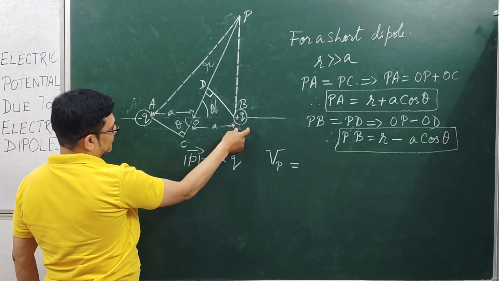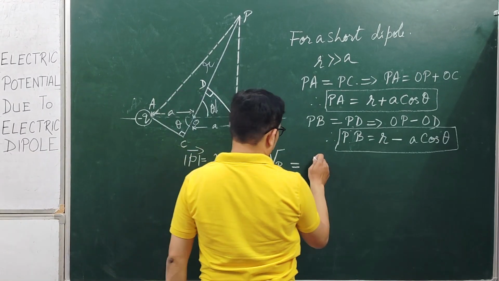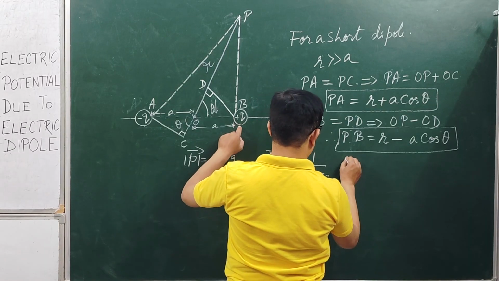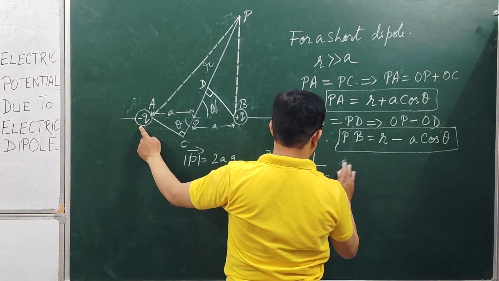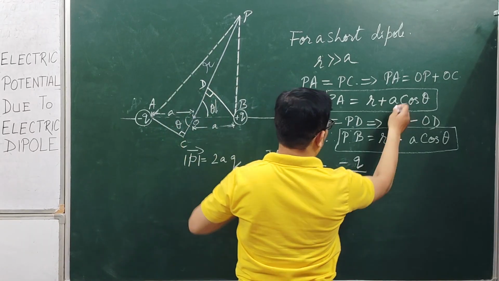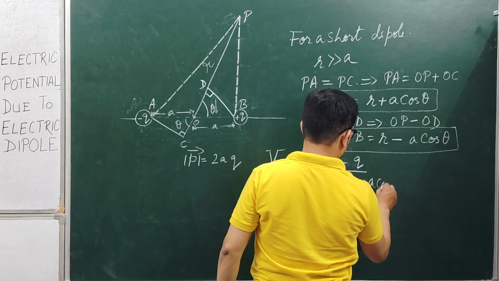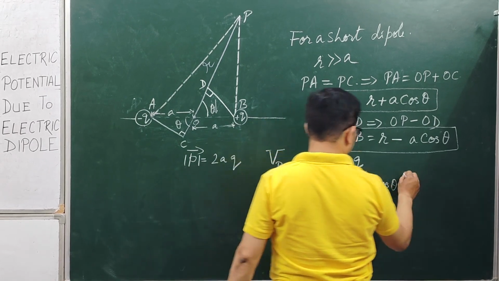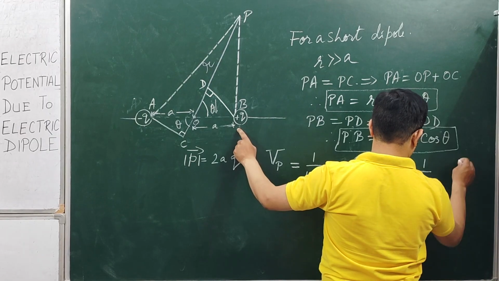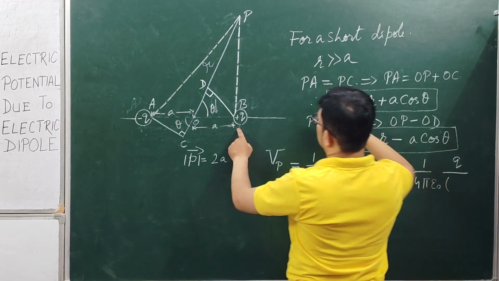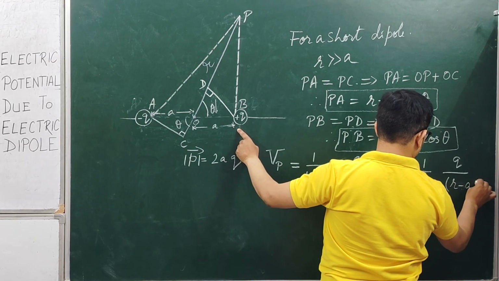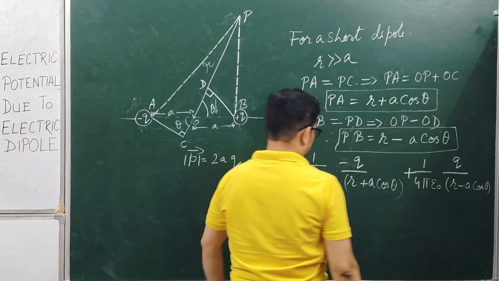The potential because of this charge is 1 over 4 pi epsilon naught times minus Q divided by PA, and PA is R plus A cos theta. Plus the potential because of this charge, which is 1 over 4 pi epsilon naught times Q divided by PB, and PB is R minus A cos theta.